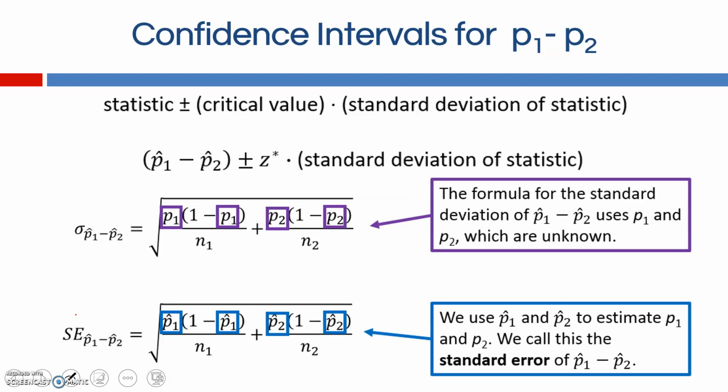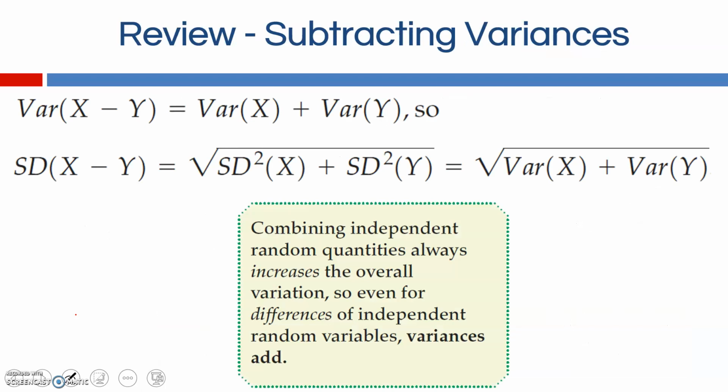Okay, but here, again, is a little bit more about why the bottom one is called standard error and why the top one is just the regular standard deviation. All right, so even further back in chapter 7, we talked about getting the standard deviation of a difference. So we are finding the difference in P sub 1 minus P sub 2.